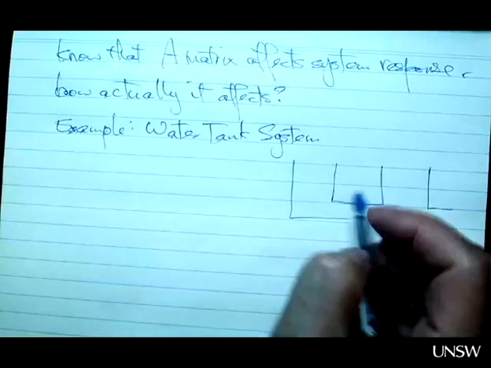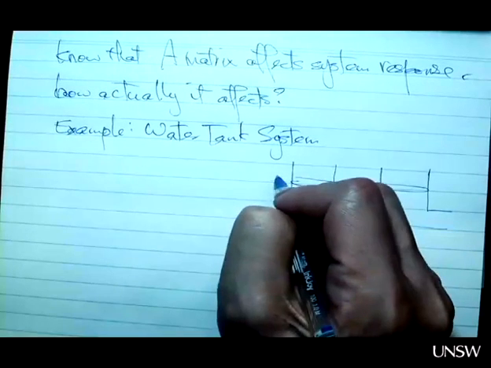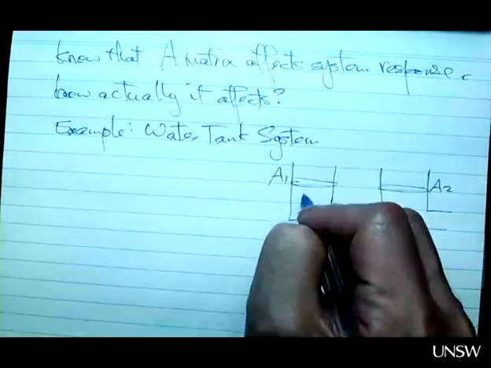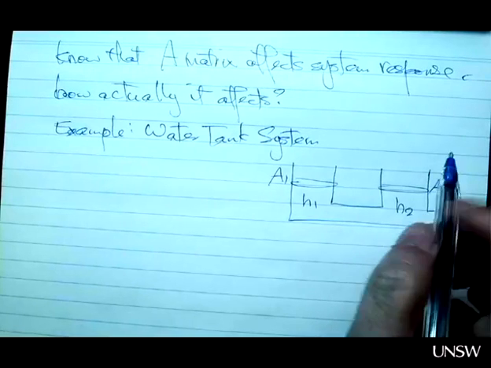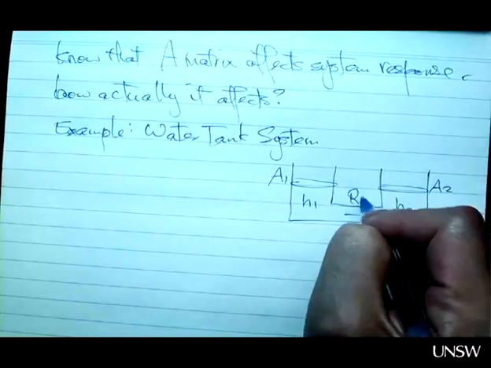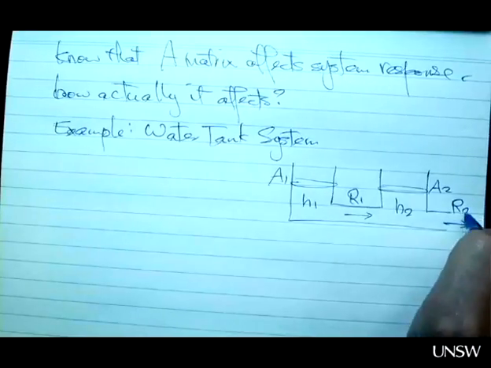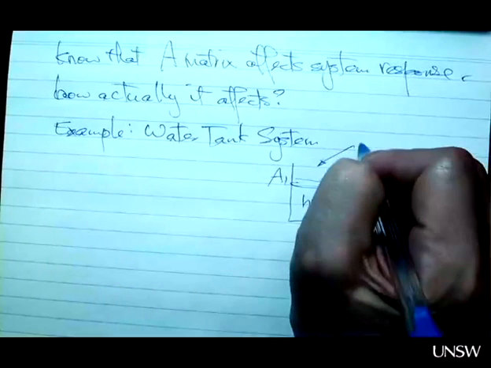We have the cross-sectional areas A1 and A2, the height of tank 1 is H1, the height of tank 2 is H2, and we have a flow resistance R1 and the outlet pipe resistance R2, and then we have the input Q, the flow rate input.